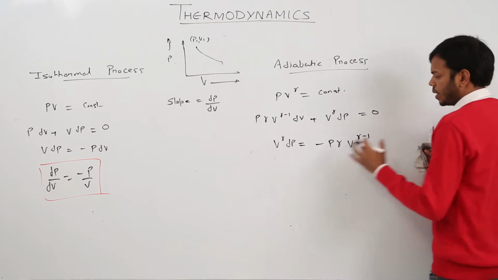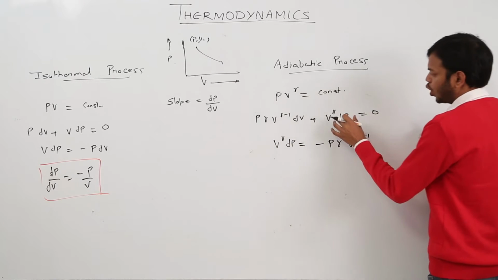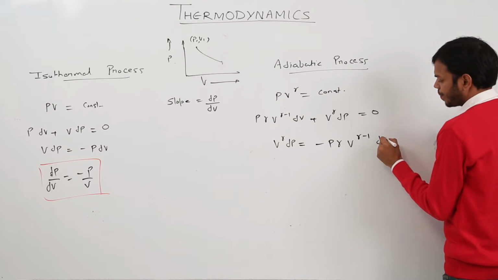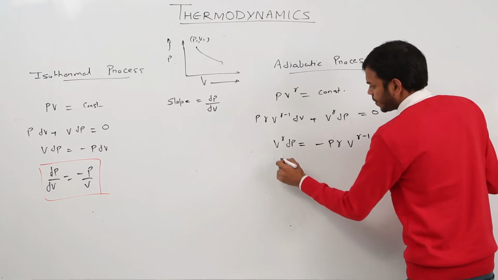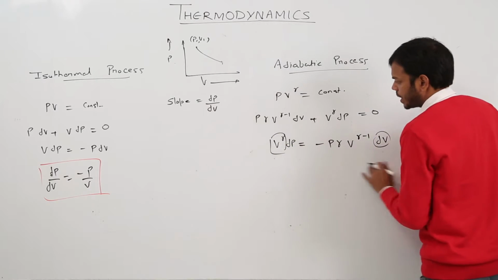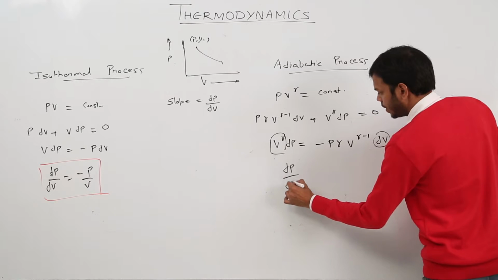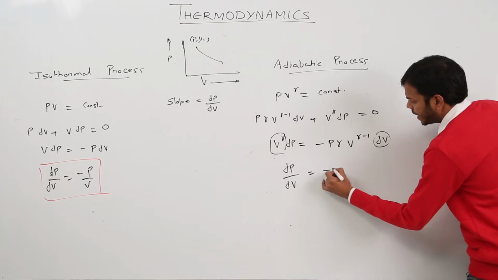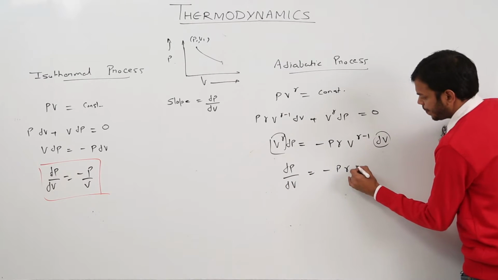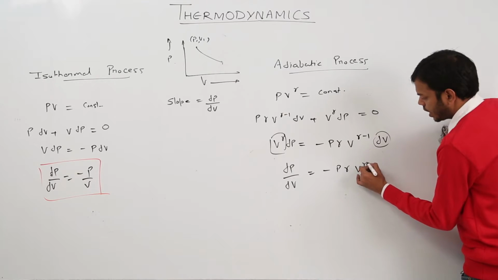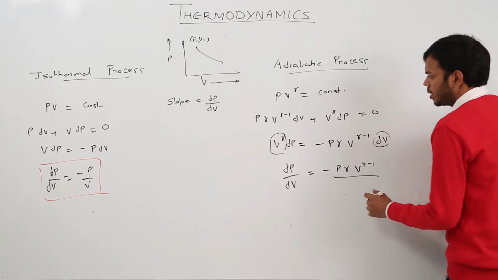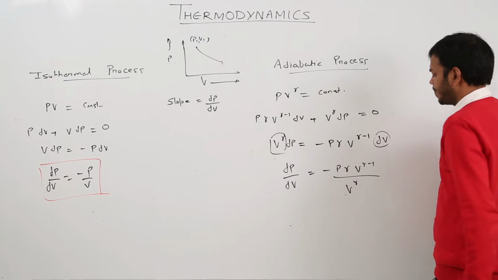Into what? This I have left dV. So this term goes there and this term comes here. I'll be getting dP over dV is equal to minus P gamma V raised to power gamma minus 1 over V raised to power gamma.